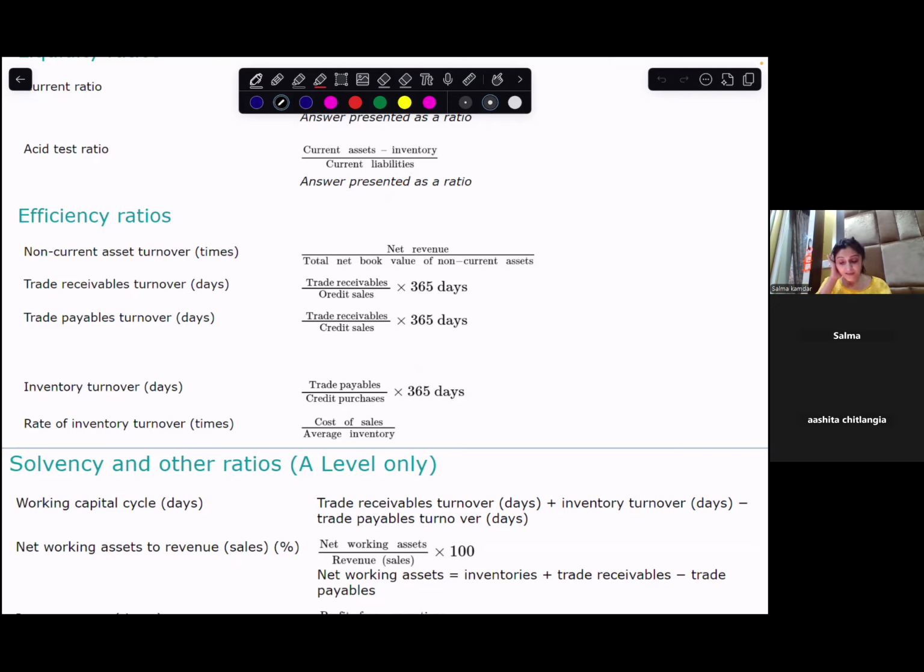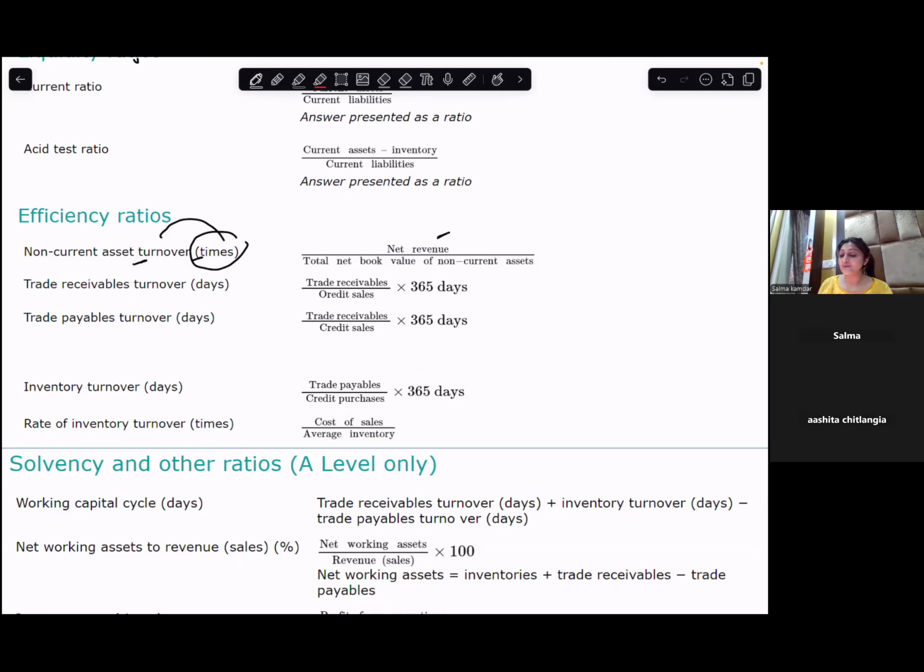Now, if you see non-current assets turnover ratio, can you see this ratio? So if your answer is in times, you turn over your ratio. So the turnover would come on top and the net book value of your non-current assets would come down. What is this ratio telling you?